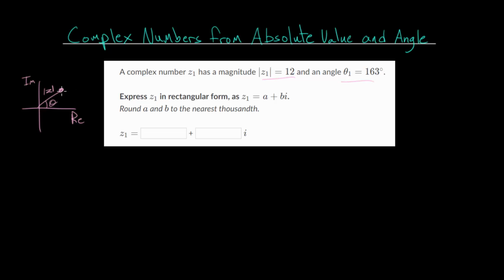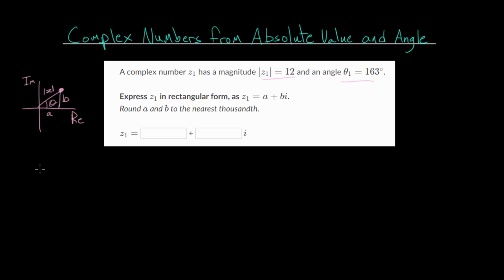And we can construct a right triangle where the vertical component would have length b, the imaginary part of the number, and the horizontal component will have length a, and we can use trigonometry to relate the sides a and b to the angle and the magnitude.